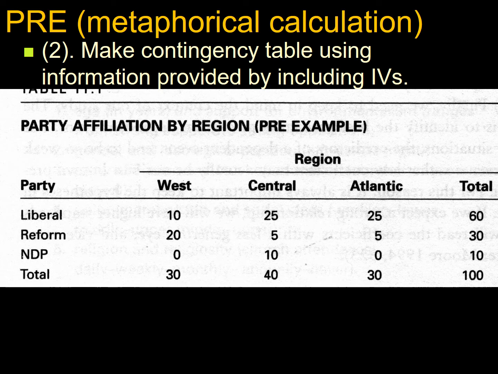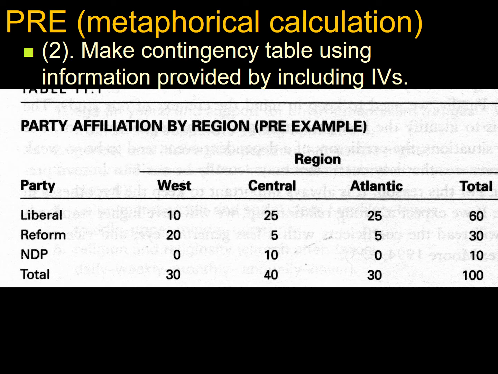So how do we calculate the marginals and the residuals? Well, we calculate that value of 30 by looking at each of the columns, West, Central, and Atlantic. And so in West, we take the marginal, which is a 30, we subtract from it the largest mode. Now, for the West, the mode is Reform. So it's going to be 30 minus 20, and that's going to give us a remainder of 10.